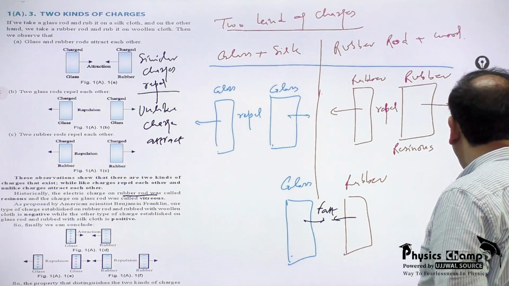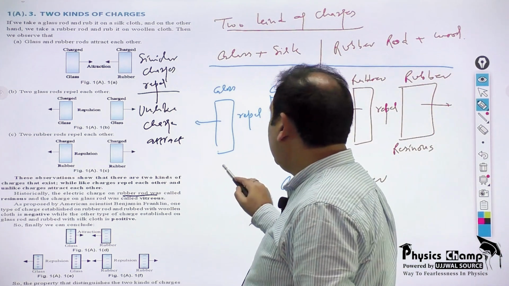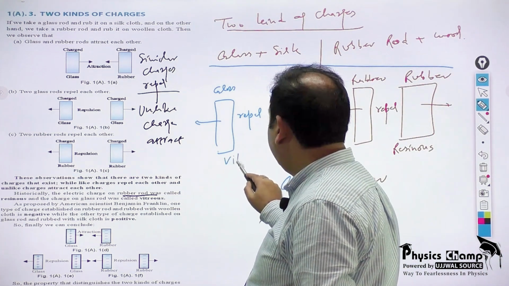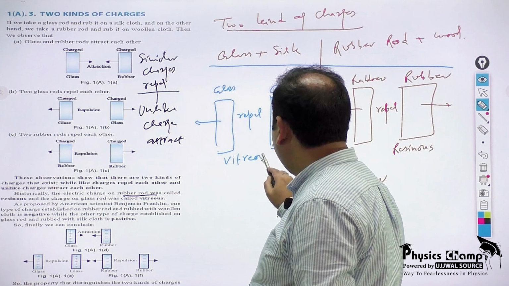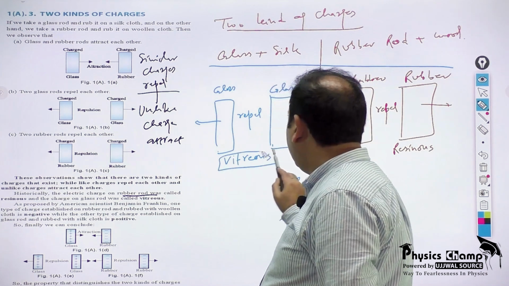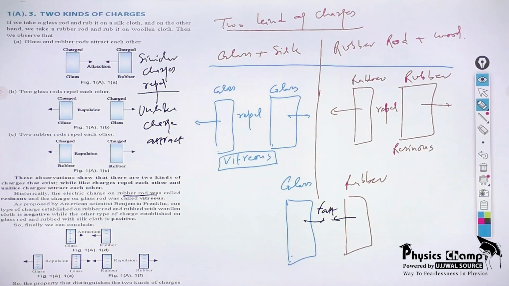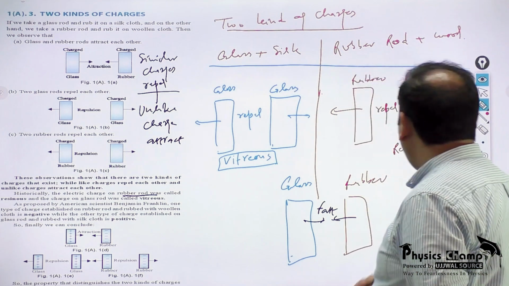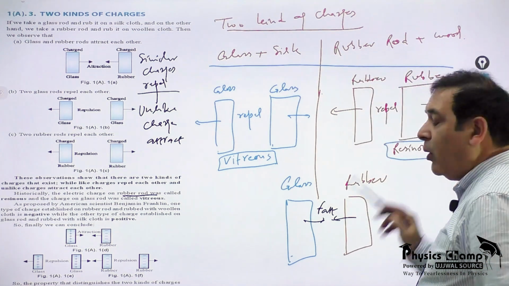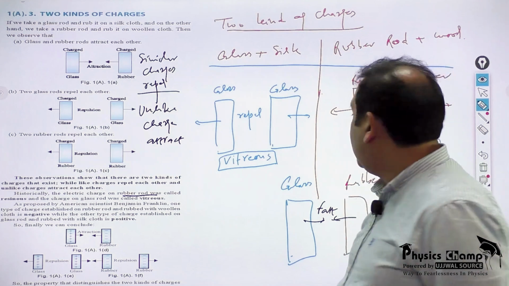And the kind of charge on the glass rod was called vitreous. The kind of charge that comes on the glass rod after rubbing on silk was called vitreous, whereas the kind of charge which comes on the rubber rod after rubbing it on wool was called resinous.